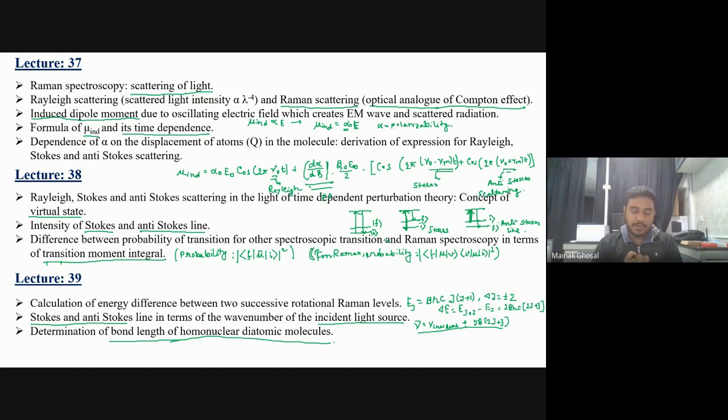Because for rotational activity you need a permanent dipole moment, which is not a prerequisite for Raman spectroscopy. For Raman spectroscopy, the polarizability should change with the movement of the atoms. So for a homonuclear diatomic molecule like O2, you can clearly get the bond length from Raman spectroscopy. This is the advantage of Raman spectroscopy over other spectroscopy.